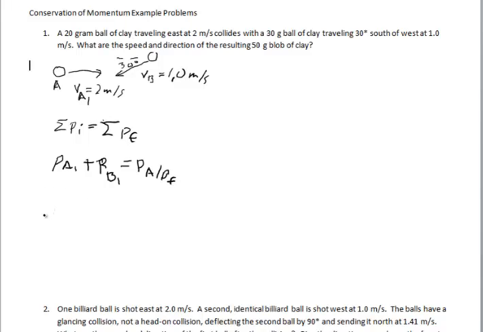If I write all that out, we end up with MA VAI plus MB VBI equals the total momentum, which would be the total mass, MA plus MB, times VABF.